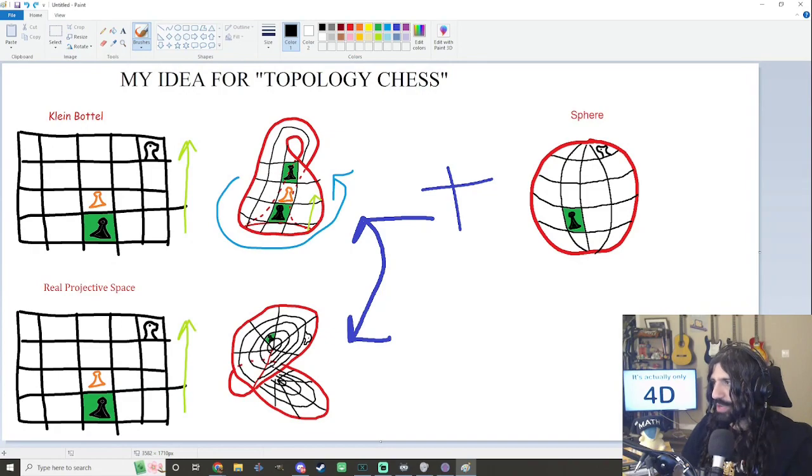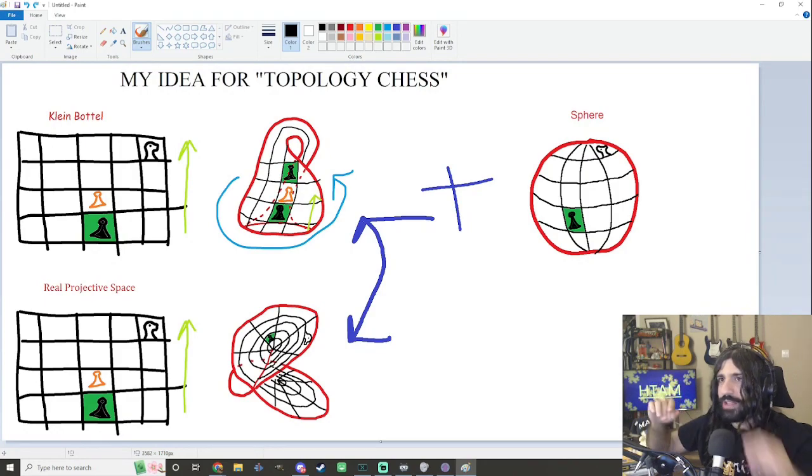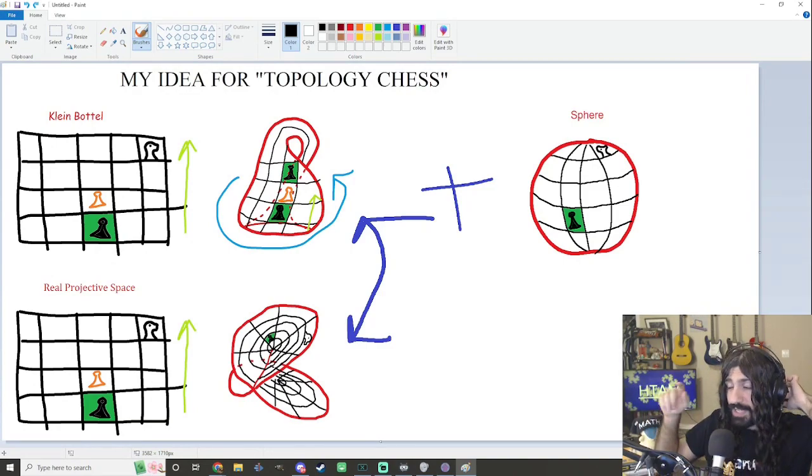Also, how does warping work? I don't have totally the specifics down, but there should be a way where you just cut along a seam and re-glue, and suddenly, you're not allowed to do that if it would immediately end up with you in check or something like that, but you would be allowed to do that if it put your opponent in check, and you wouldn't be allowed as the opponent to immediately undo it.